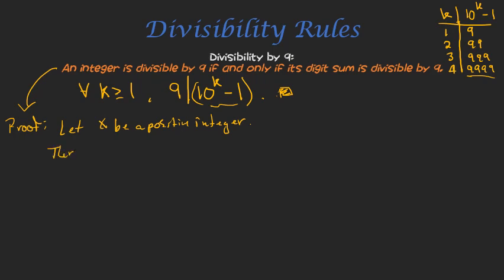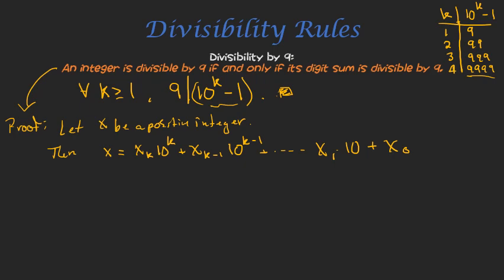Then x equals, we'll write its decimal expansion, x_k times 10 to the k plus x_{k-1} times 10 to the k minus 1, and so on, plus x_1 times 10 plus x_0, the last digit.